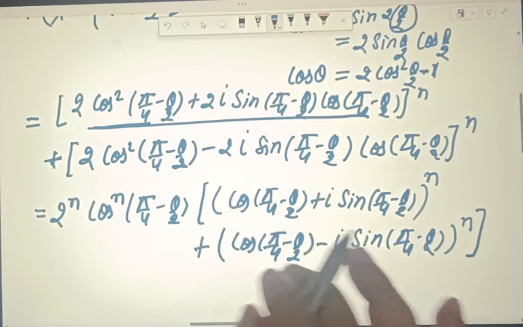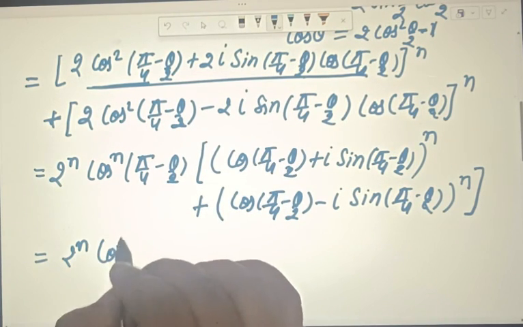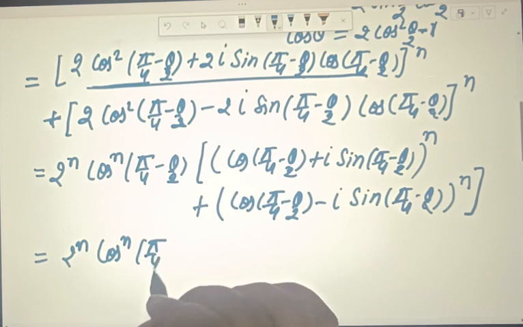Now again apply De Moivre's theorem. You will write here 2 to the power n cos(n pi/4).